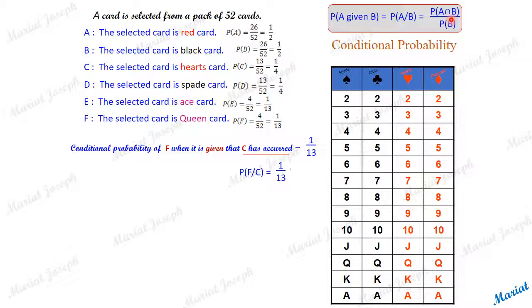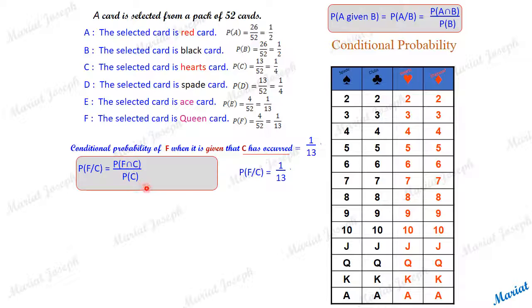Had we gone by this formula, probability of F given C would be probability of F intersection C upon probability of C. Applying this formula, the given condition C, its probability is the denominator. And the numerator is the probability of the common element to F and C.